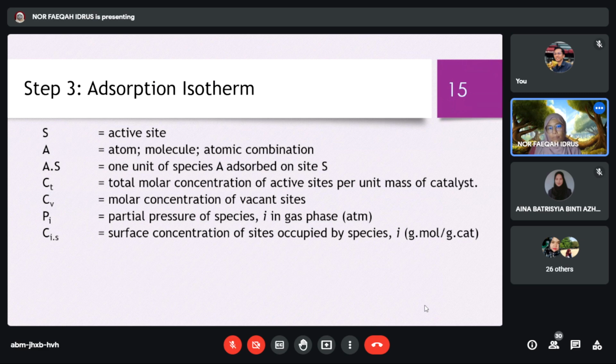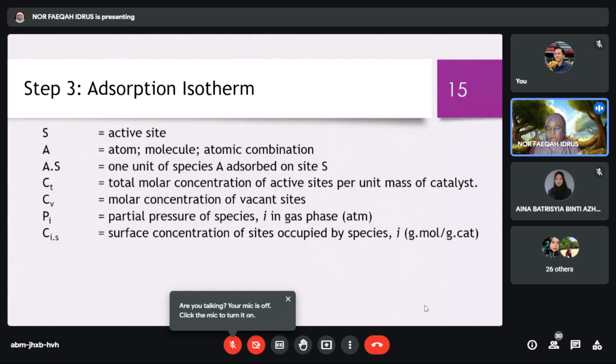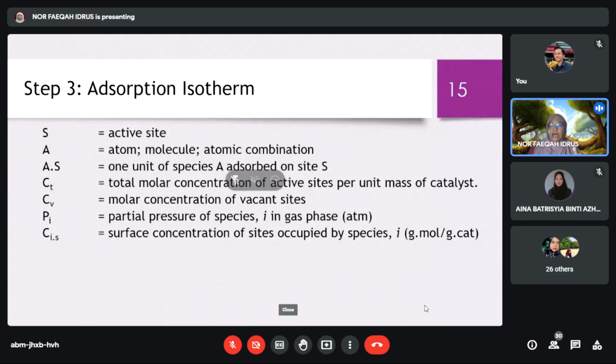So the adsorbed molecule or the adsorbed atom is held to the surface by valence force of the same type as those that occur between bonded atoms in a molecule. So there is an interaction between the catalytic surface and the atom or molecule, and then a collision occurs, and because of this collision the reaction will occur.